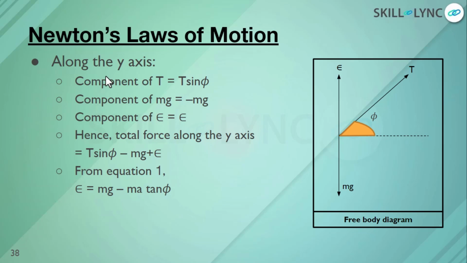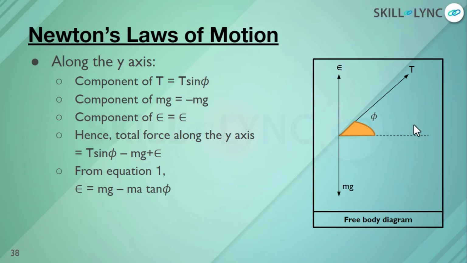Thus, we also need to find the forces acting along the y-axis. The component of T would be T sin phi. How has this come? The box has been pulled by a string with the force T, making an angle phi with the table. So T sin phi would be here.